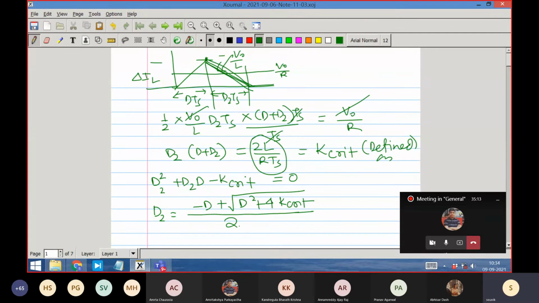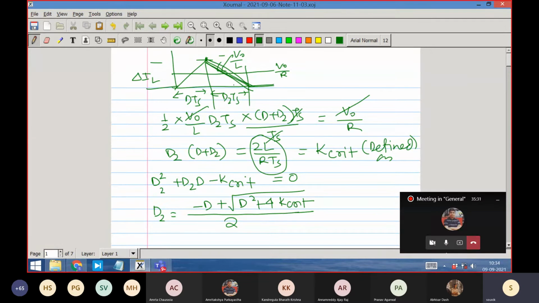Given converter means a converter where the inductor has been chosen, the switching period has been chosen, and the load resistance is known. If such a thing is there, you can determine the duration for which the diode current will conduct.